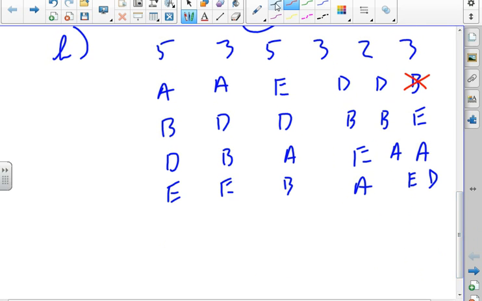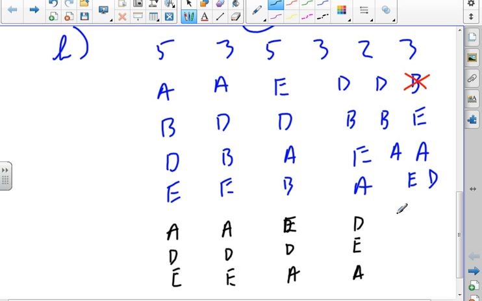And I rewrite: A, D, E; A, D, E; E, D, A; D, E, A; D, A, E; E, A, D. Right, so E, oh, there's a tie.